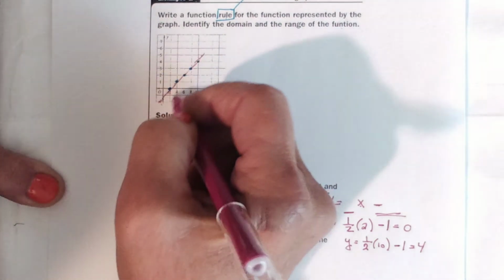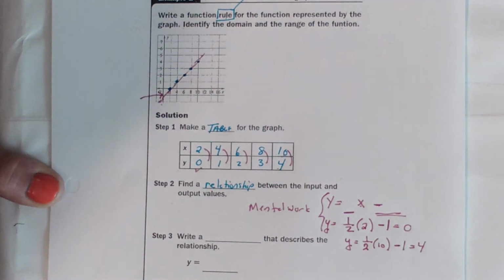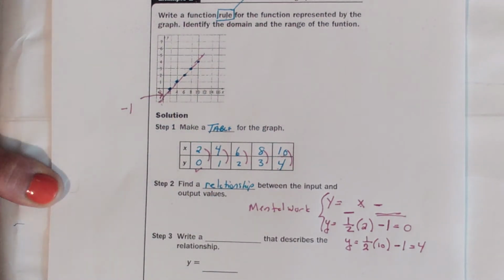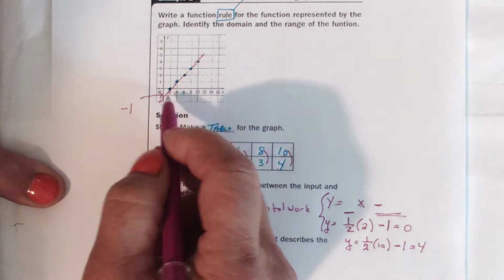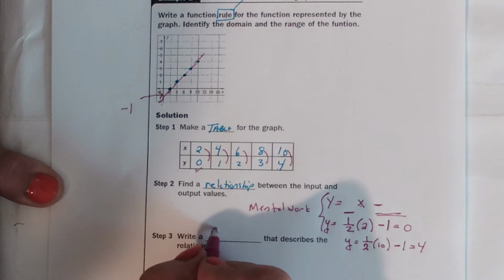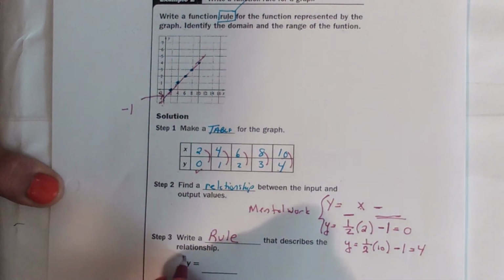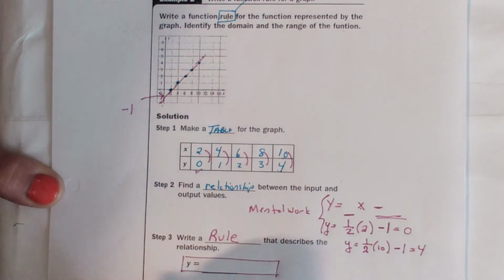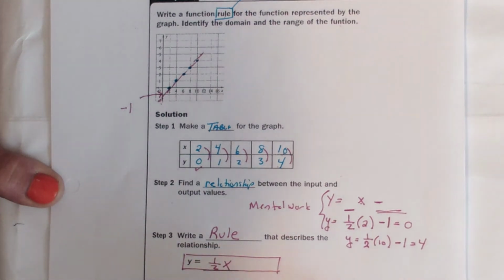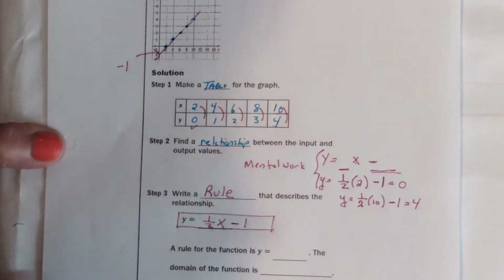And so looking at this, it kind of makes sense. That y-intercept on the graph is -1. And you don't have to worry about that, but you know, between given the table and given this graph, you can come up with your rule. So you're going to write the rule now, and you can write it y equals 1/2 x minus 1.